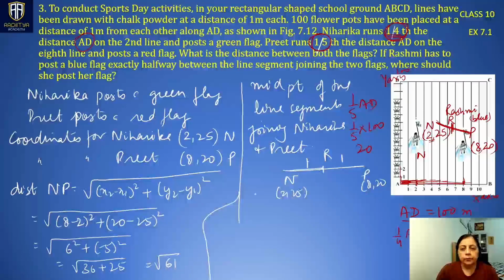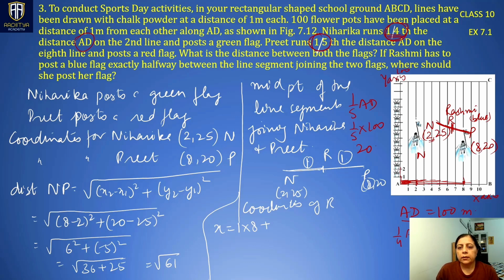They are equal. So applying section formula, the coordinates of R become x is 1 multiplied by 8 added to 1 multiplied by 2, over 1 plus 1. This is 8 plus 2, 10, 10 by 2, that is 5.